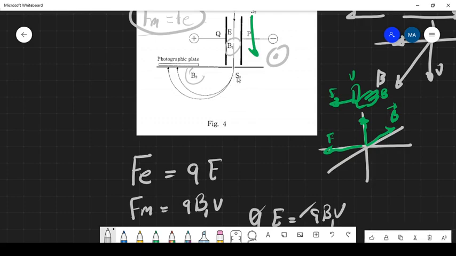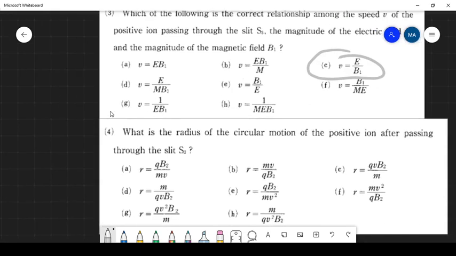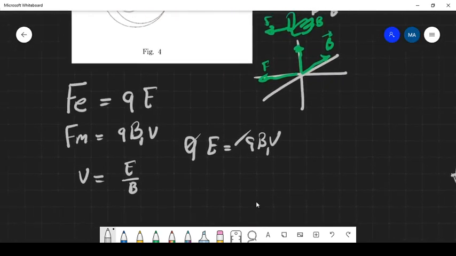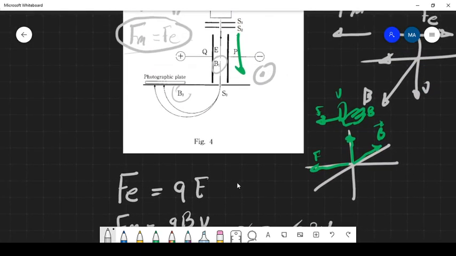So why are you making a circle? Why are we making this circular motion over here? Because of the right hand rule. So when you enter, you will have a magnetic force acting like this, right?